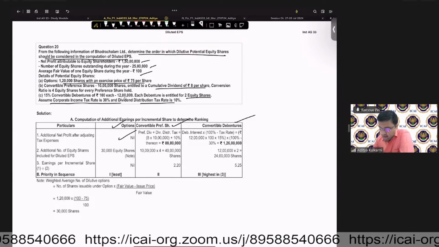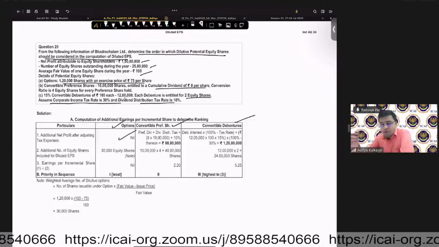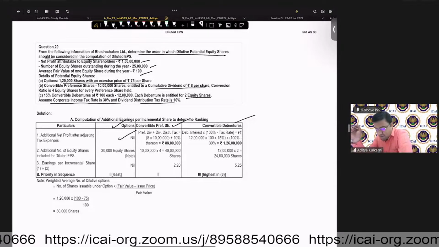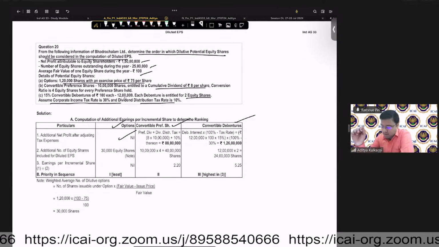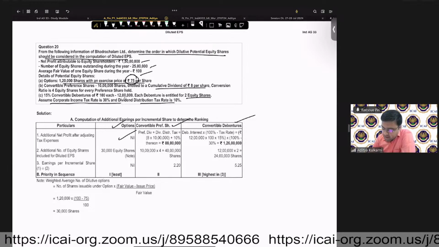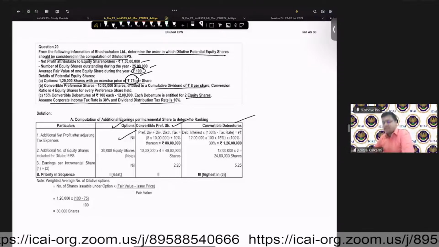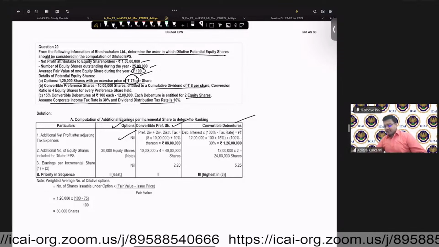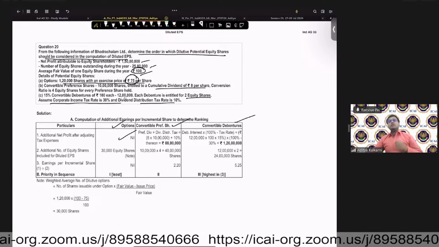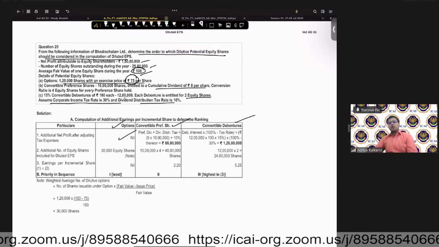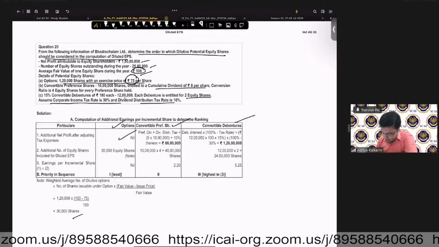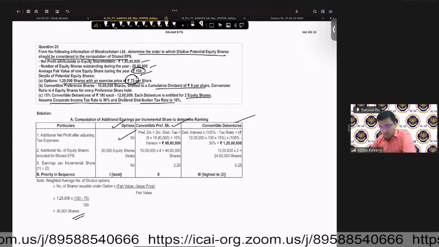Additional number of equity shares: they will come and pay 75 rupees per share when the market price is 100. So what is the bonus component in this? The bonus component is 30,000 shares.